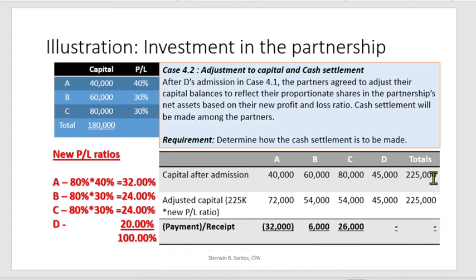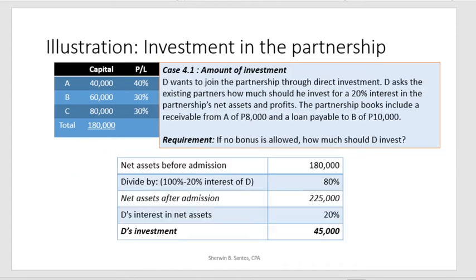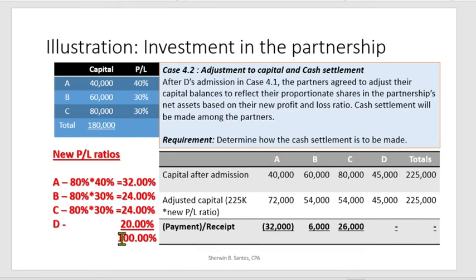So, let us first compute ano ba ang magiging new profit and loss ratios niyan. So, kung mapapansin mo, under case 4.1, 20% ang mapupunta kay D. So, ganito lang din sa ginawa natin doon on the last illustrations. So, kay D, automatic yung 20% kanya na. Then, yung 80% nun, dahil 80 plus 20 is 100%, yung 80% will be shared by A, B, and C. So, paano natin nahatiin yung 80% based on the old profit and loss ratio.